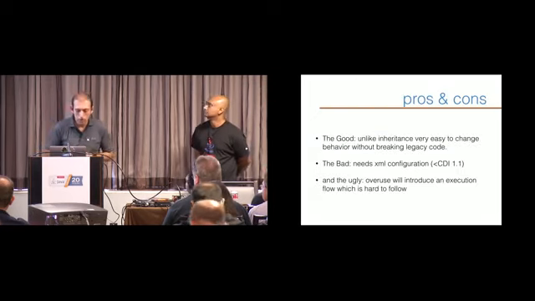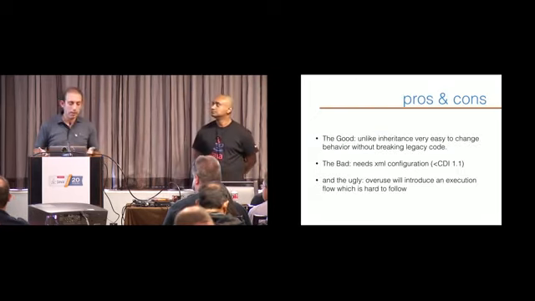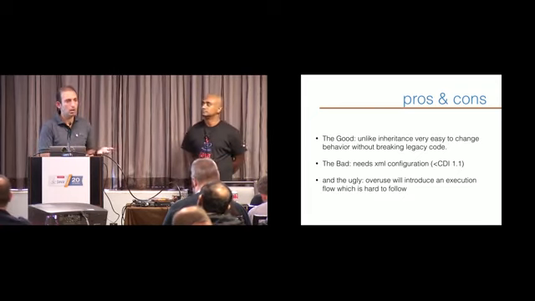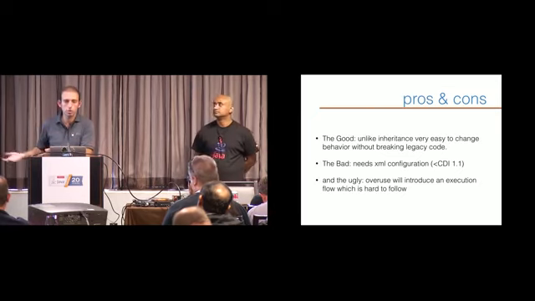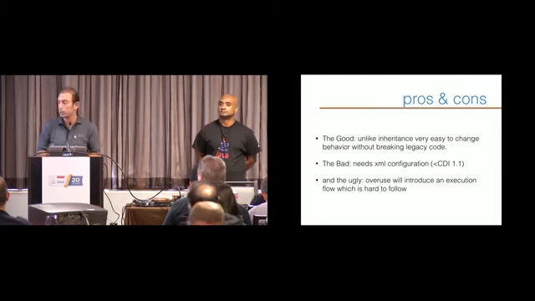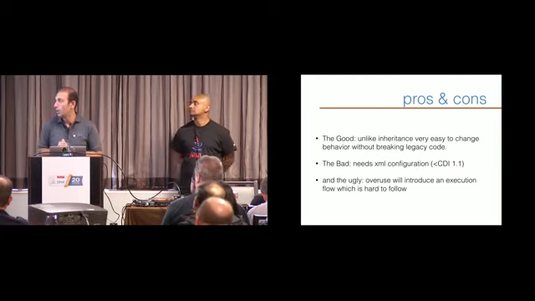The good: unlike inheritance, it's very, very easy to change the behavior, and you don't change the original code. You just introduce a new decorator and do the configuration, and it just works magically.